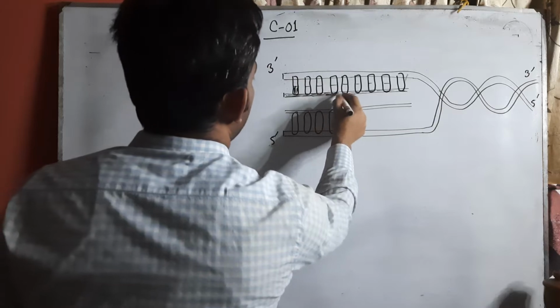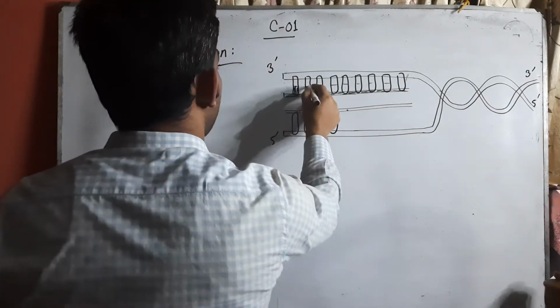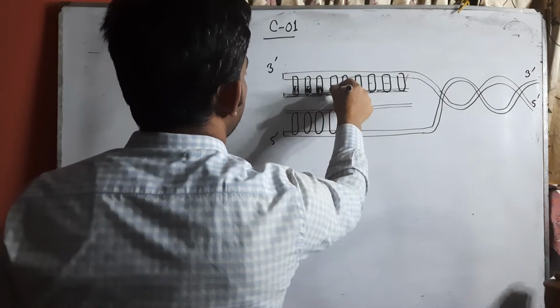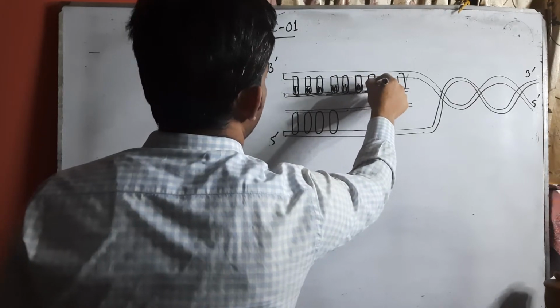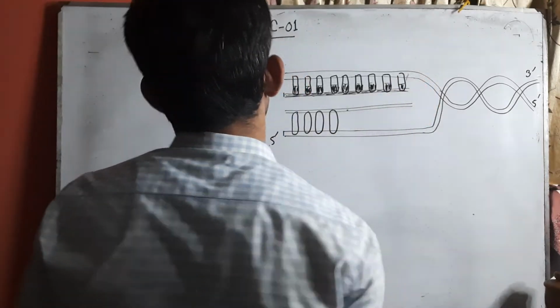I use the marker, so you use the pencil. One side will be the dark part, and the other side will be the light part, that means no dark part there. So in this way we will draw the figure.